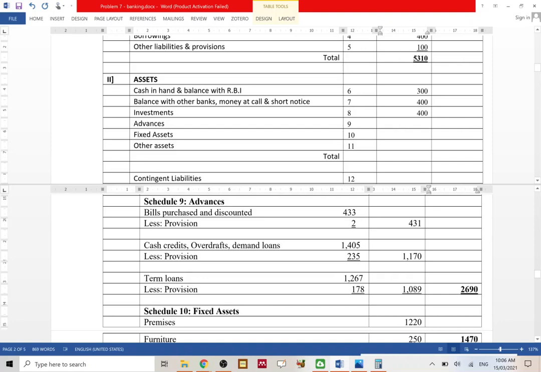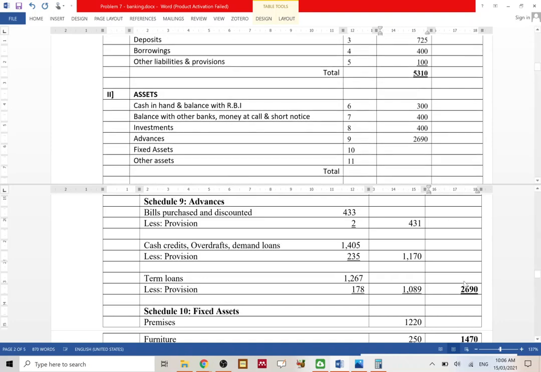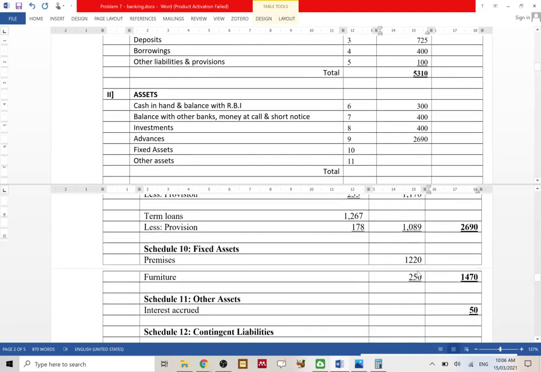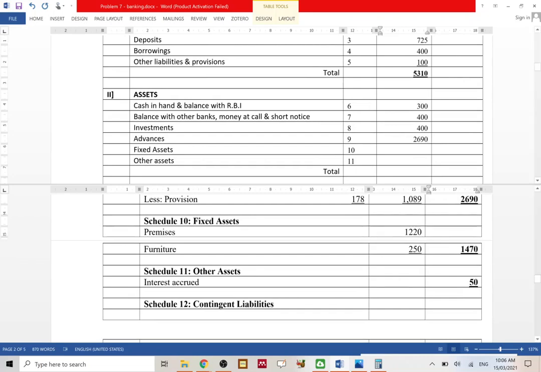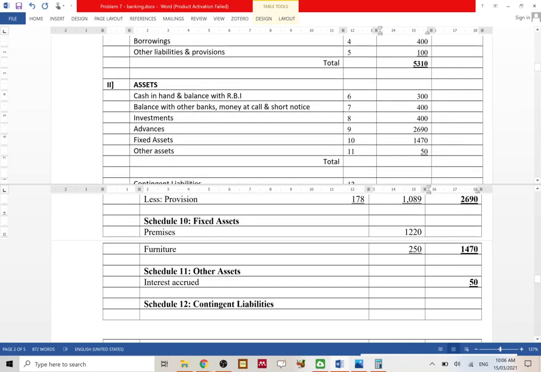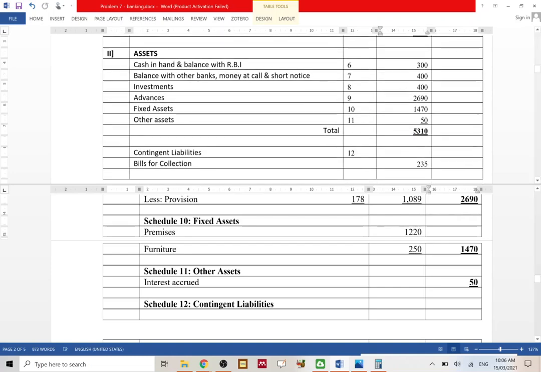So advances after minusing provisions were 2690. Fixed assets total 1470 and other assets total is 50. Okay, so this also gives you 5310. Total of all the assets is also 5310.